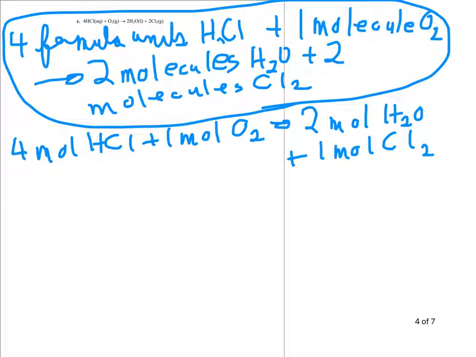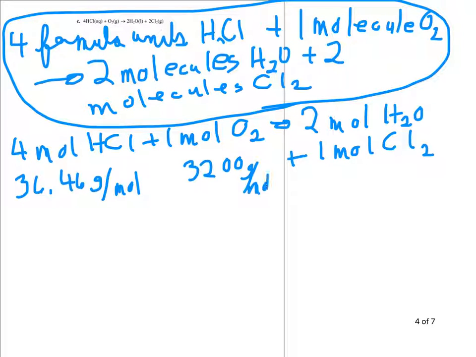And we switch them to grams. Molar mass for the HCl is 36.46 grams per mole. Molar mass of the O2, 32.00 grams per mole.